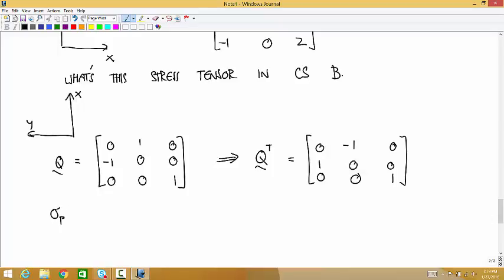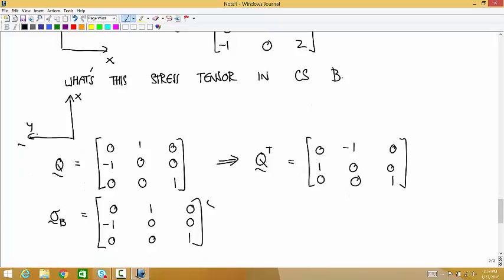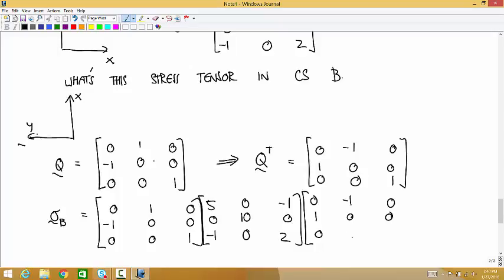And so the stress tensor in B is equal to 0, 1, 0, -1, 0, 0, 0, 0, 1 times our original stress tensor, 5, 0, -1, 0, 10, 0, -1, 0, 2, times Q transpose, 0, -1, 0, 1, 0, 0, 0, 0, 1.